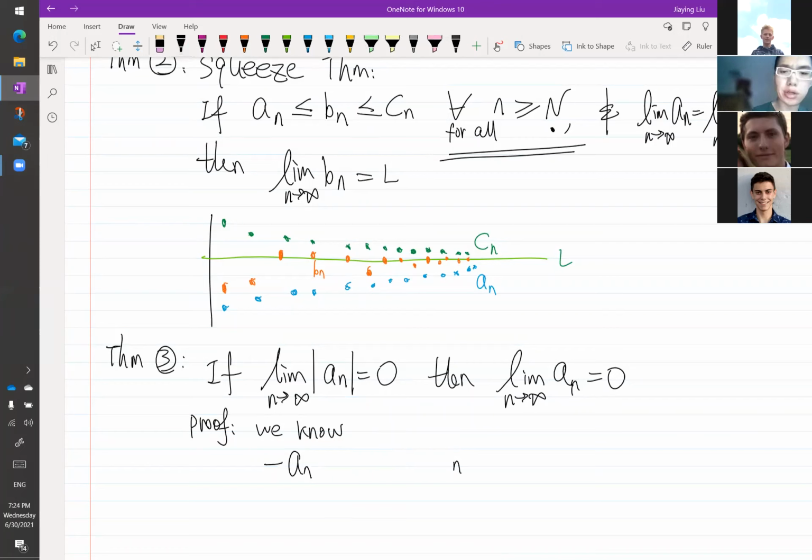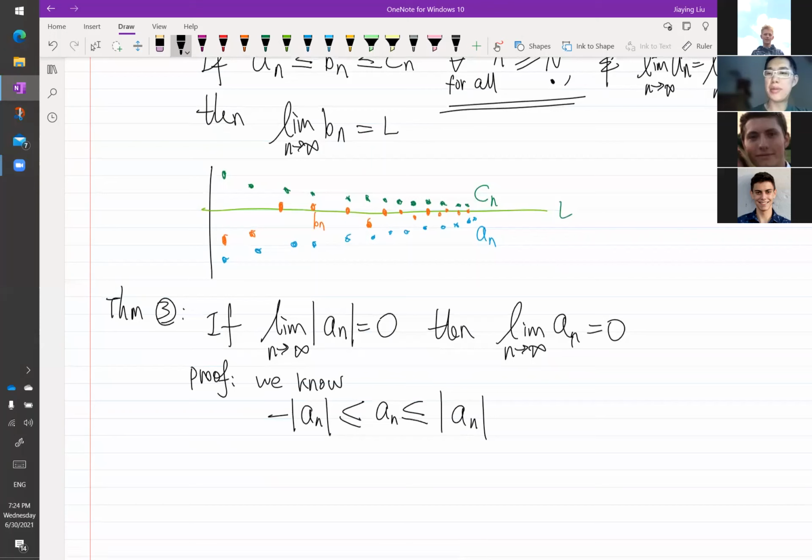Oh no, I wrote it wrong. Sorry, clearly I shouldn't just copy from the book. So an is always going to be greater than or equal to the negative absolute value of an, and less than or equal to the absolute value of an. Okay, that makes more sense.